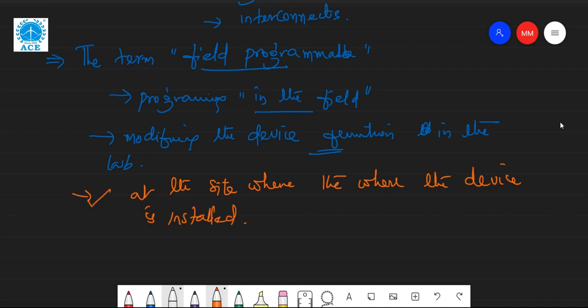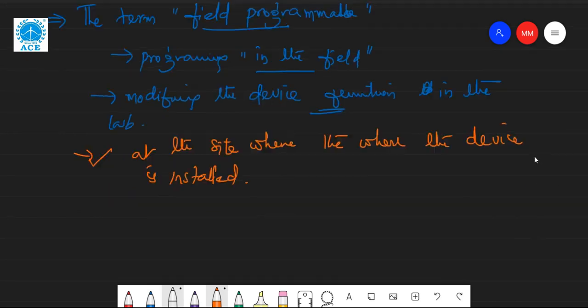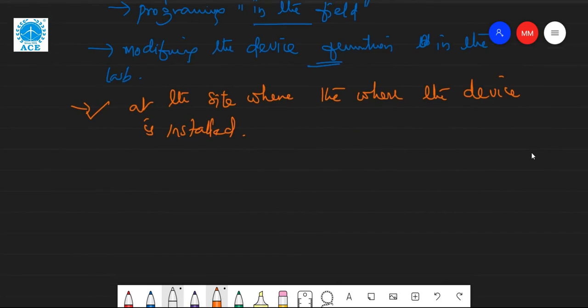It is very simple. For example, suppose I have a certain block, I'm considering here only a single logic block. If I write a program for this block, say addition or subtraction, etc., we can modify the function within the lab only.